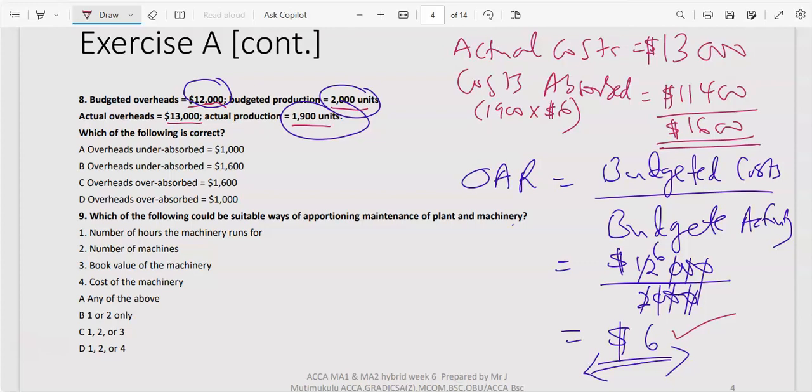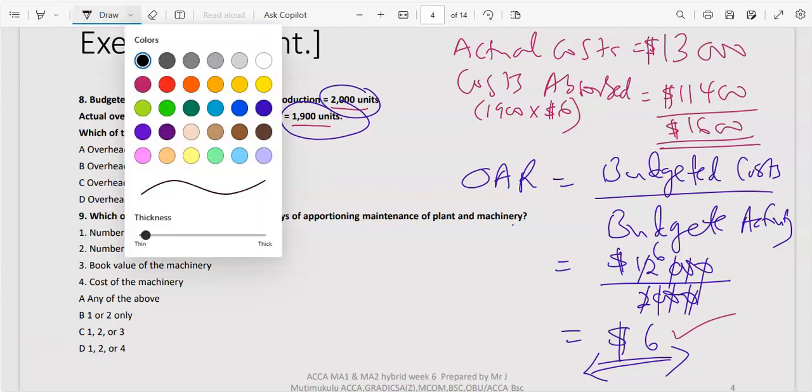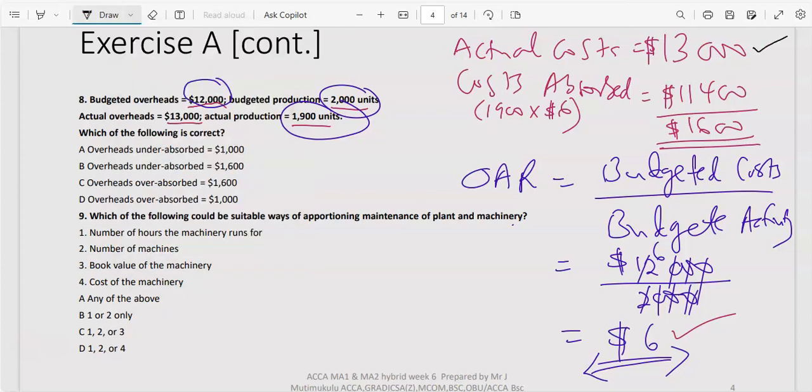Here, the actual cost was $13,000. However, we have budgeted for only 11,400.